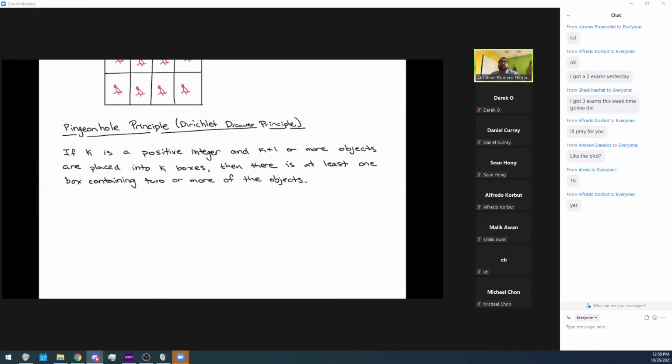Imagine you have a class of 25 students, and you yourself are one of them. You buy a bag of candy of, let's say, 51 pieces. Would there be someone who has more than the other people?